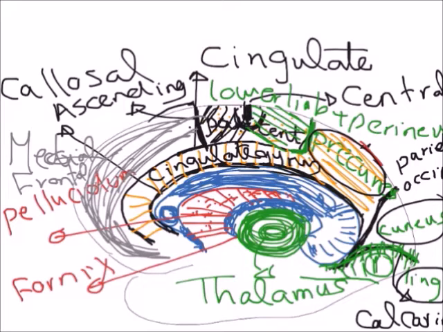Another important area is the supplementary motor area, or the SMA. It is an extrapyramidal center which is situated on the medial frontal gyrus, just anterior to the paracentral lobule. So you can see it's lying here on the medial surface of the brain, on the medial frontal gyrus anterior to the paracentral lobule.